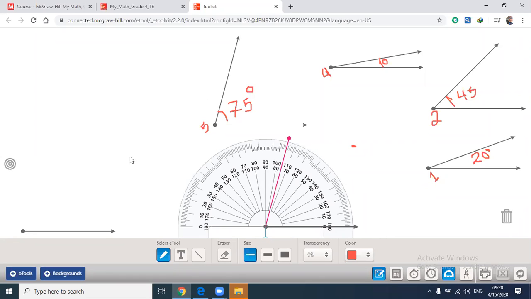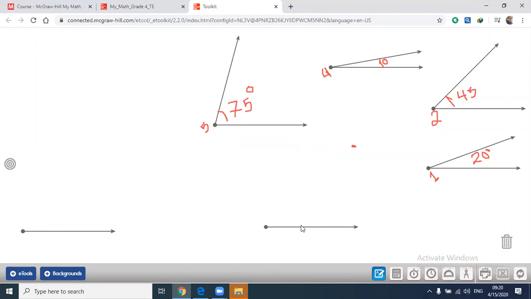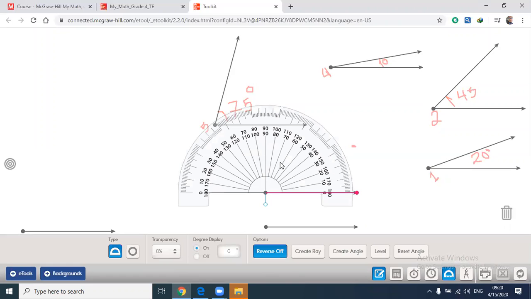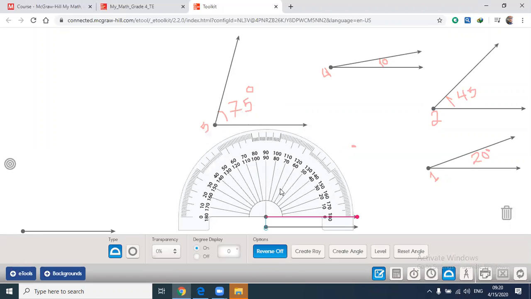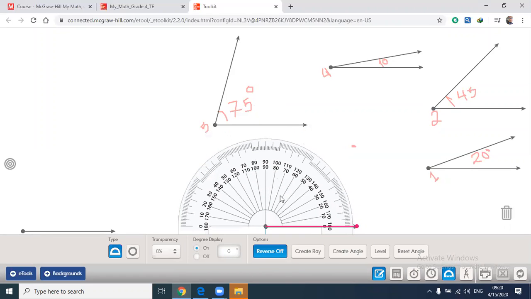Okay, now we are going to draw number 6 with 90 degrees. Here I have the ray, and then I will bring my protractor. I have to place it on the ray. Make or draw angle with measure 90.